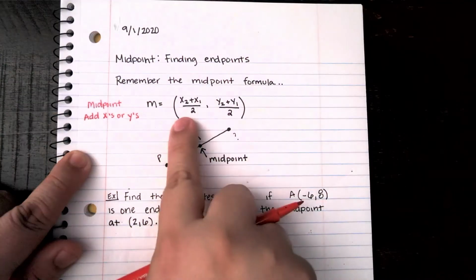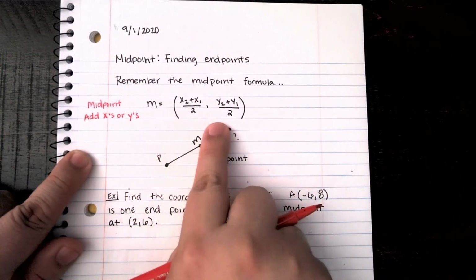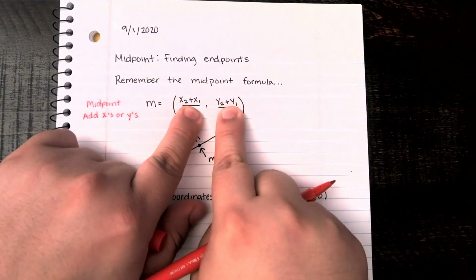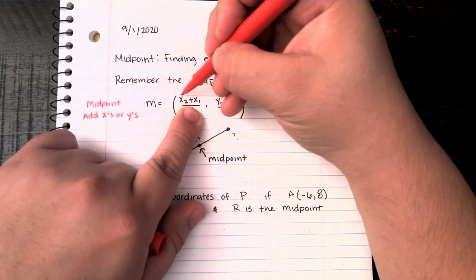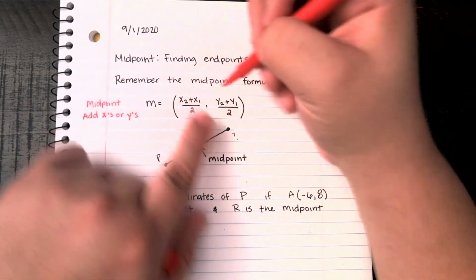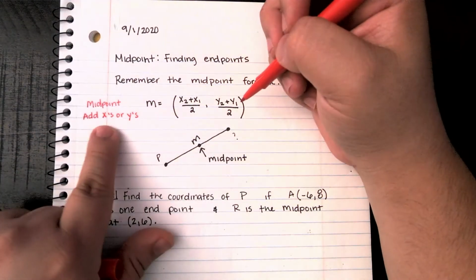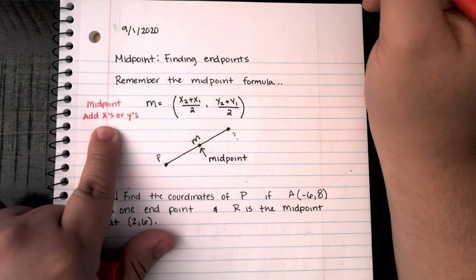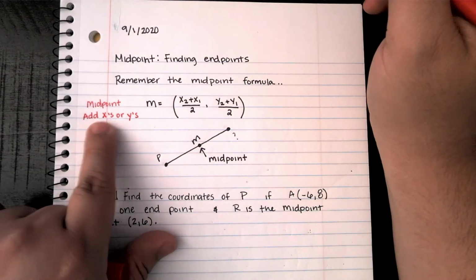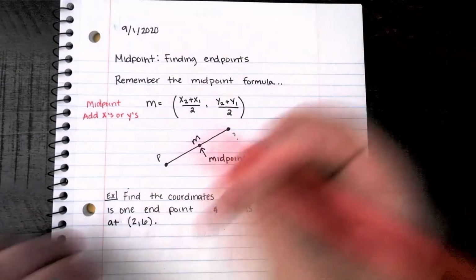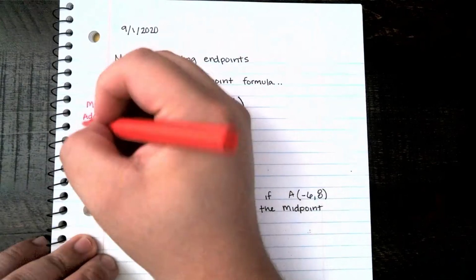Because you do that too. You add the x's first, and then you add the y's. You see how that's what it says in the formula up here? Don't overthink it. It's just saying the x's, I'm going to add them together. The y's, I'm going to add them together. So when you're doing the midpoint, you add the x's or you add the y's first. Okay? Then you divide by 2.